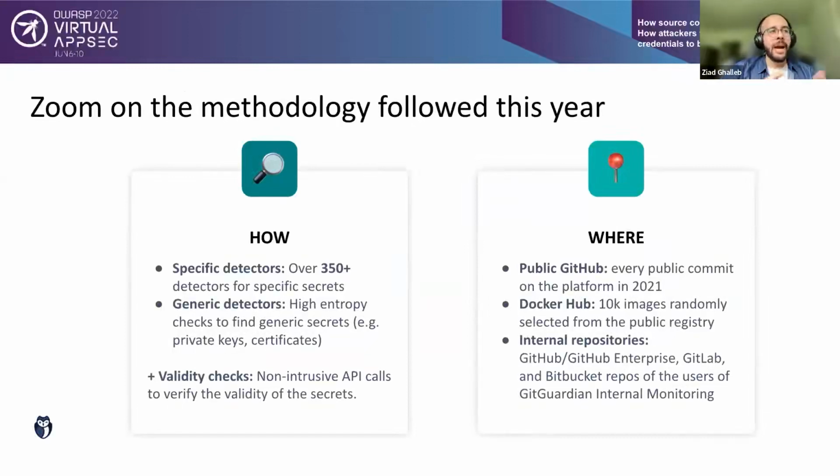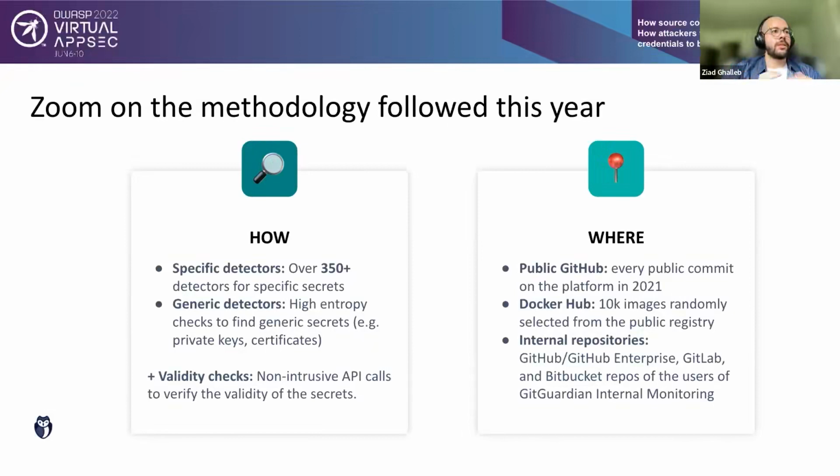So how did we look for those secrets in public Git repositories and Docker Hub, Docker images? First, we have two different types of detectors. Specific detectors, which look for specific types of credentials. So these can be AWS keys, Stripe keys, basically anything that can be tied to a known service.